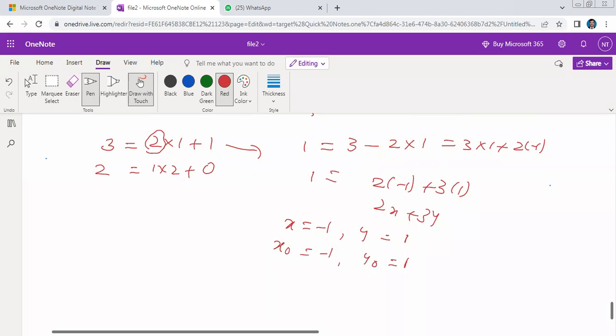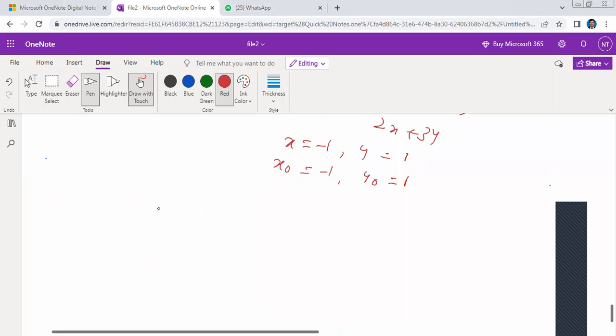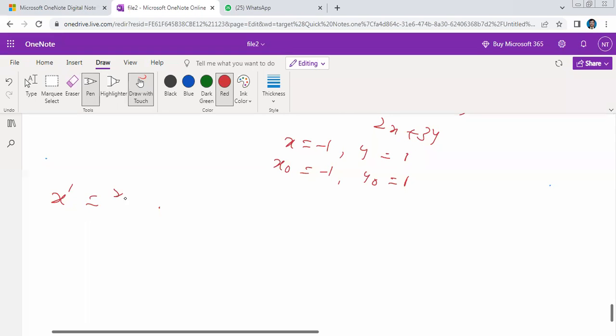So the other solutions are according to our previous formula. x dash is equal to x naught plus b by d into t. x naught is minus 1, b value is 3, d is 1, into t.